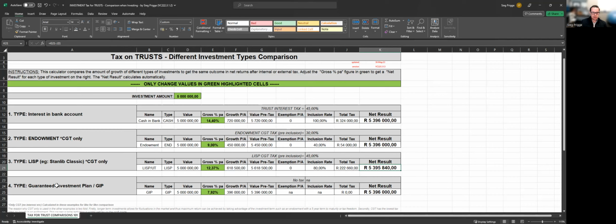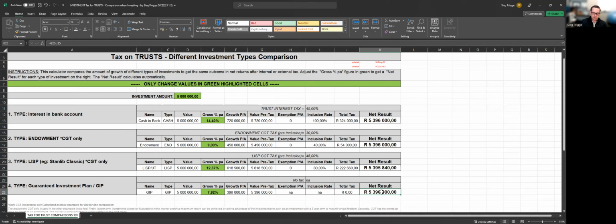Guaranteed investment plan, the fourth investment type that we are looking at here. 5 million Rand gets invested at 7.92% growth per annum. There are no taxes that apply here. There are taxes in the back end, but what you should remember on a guaranteed investment plan is that the actual quoted return is the actual return that you get.